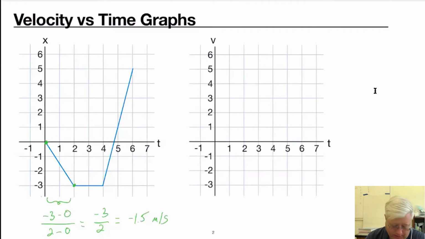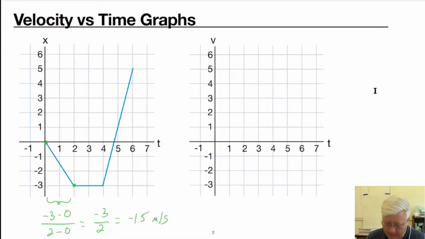It means it's moving at a certain velocity, but in a direction that we define as negative. Maybe this could be an object moving on a number line. Wherever we define the 0, if we go to one side of the 0, we're moving in the negative direction, and if we're moving to the other side, we're moving in the positive direction. Then we know from the previous lesson this part is just going to be 0, and since this is going up, it's going to be a positive velocity.